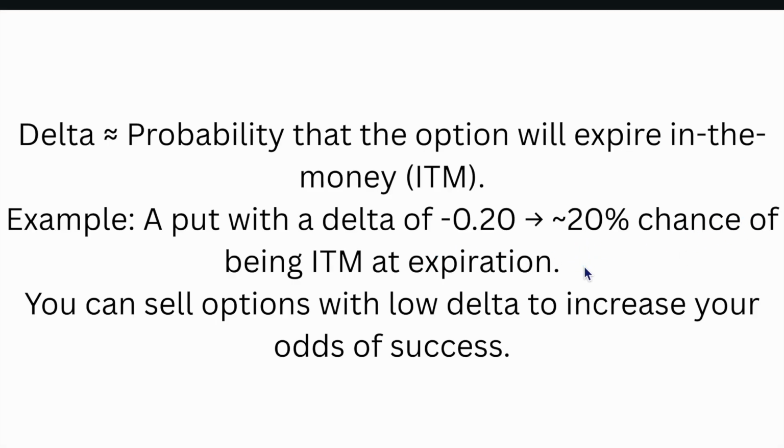So let's say a stock's at $200 a share, you sell a 190 put, and the delta is -0.2. There'll be about a 20% chance that at expiration, it will be below that strike price. So you could sell options with a low delta to increase your odds of success. If you're selling with a low delta, there's less chance that it'll go in the money at expiration, and then you would get out at a profit if you're selling those options.